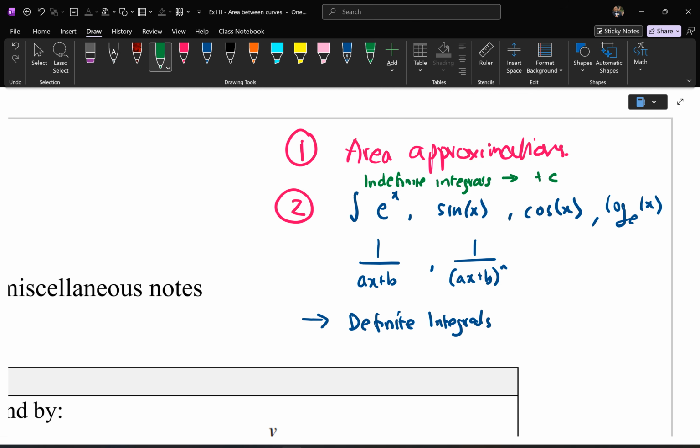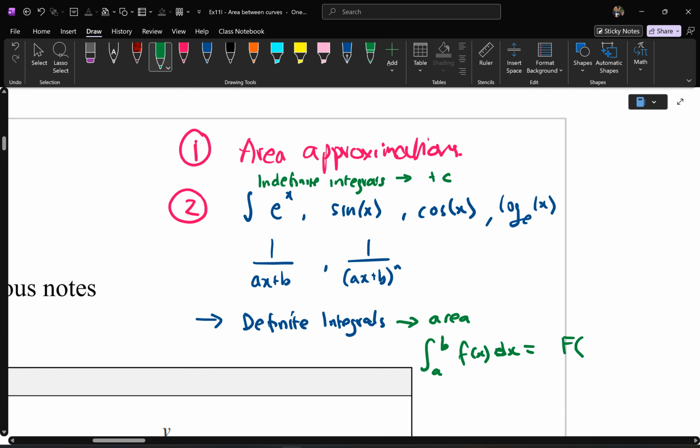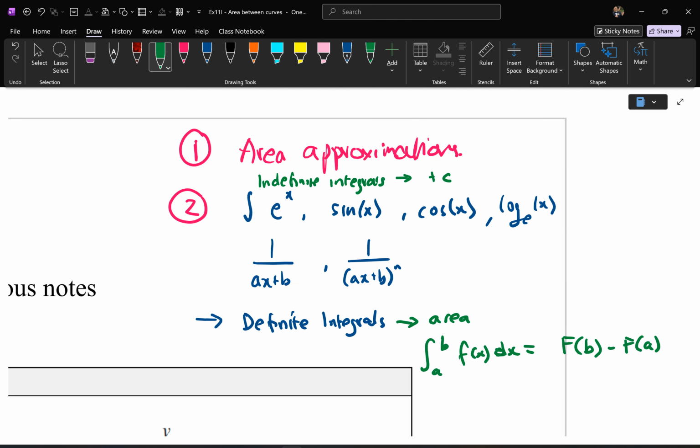Definite integrals actually work out the area, so they have to give you an interval, between a and b. And the theory I gave you yesterday was capital F of b minus capital F of a. So that was definite integrals yesterday.